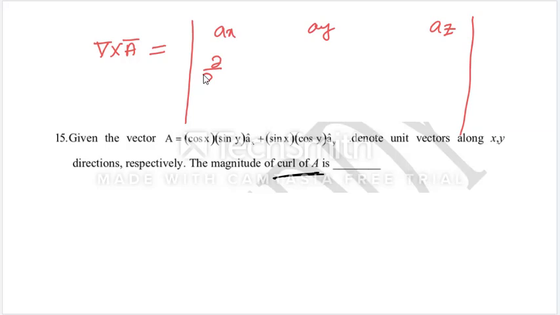Unit vector, they ask about curl A. Del cross A. Yes, what del cross A now here? Same thing now here. Ax, Ay, Az. So this is dou by dou x, dou by dou y, dou by dou z. This is cos x sin y. This is sin x cos y 0.